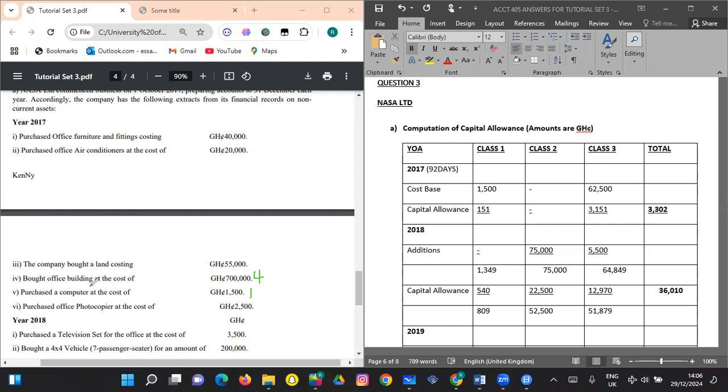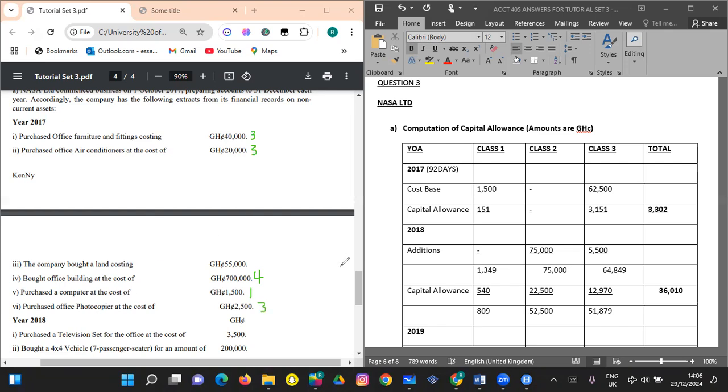Then land doesn't depreciate, so we don't apply any capital allowance to it. All right, so office furniture and fittings will be in pool 3. Then air conditioners, of course, will also be in pool 3. Then the photocopier will also be in pool 3.